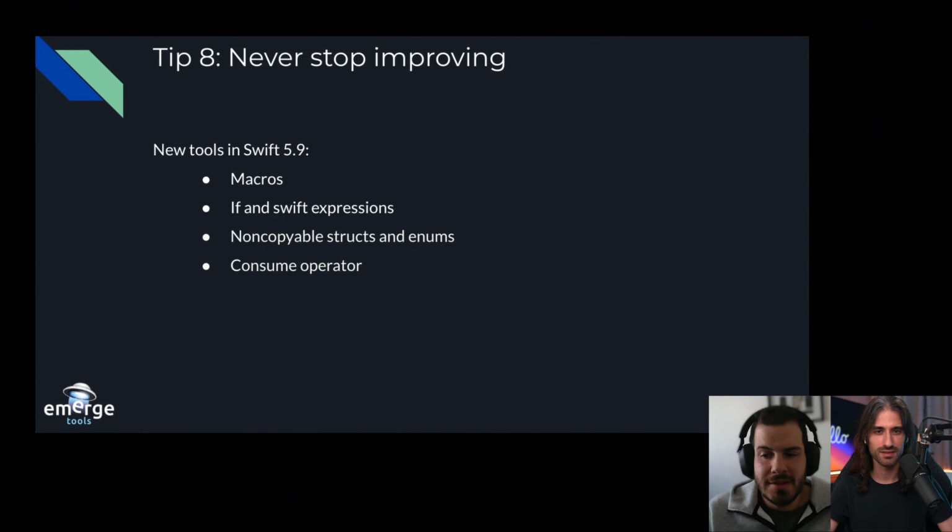Yeah, they are very powerful. Almost as powerful as they are in C, but they have the type safety that Swift has. So they have some different use cases that might be very useful. I'm still looking forward to using them in production apps.